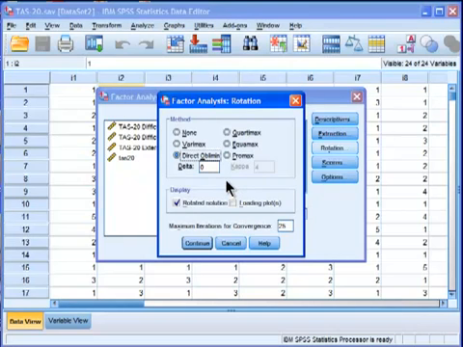What these will do is rotate the factors in such a way that the axes will not be at total 90-degree angles to each other, because they'll be allowed to correlate with each other. And in experience, in nature, most factors are correlated with each other to some degree.